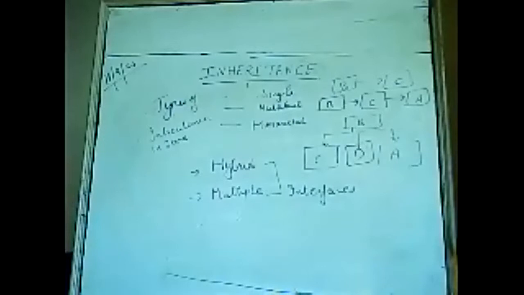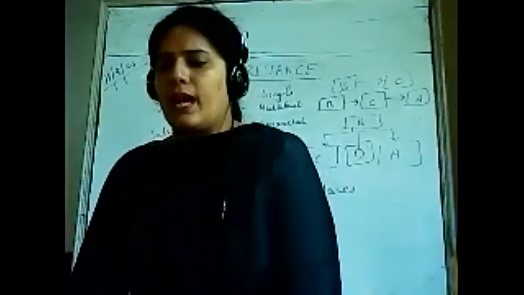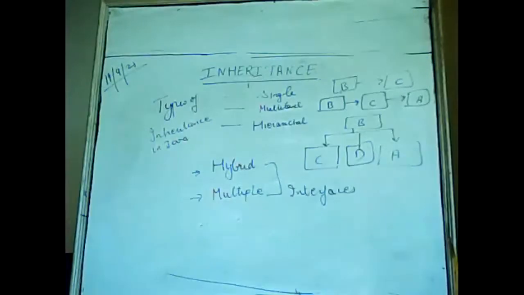So that we will discuss one by one. This was all about the brief view of inheritance in Java. Now we will start implementing the programs related to this part.